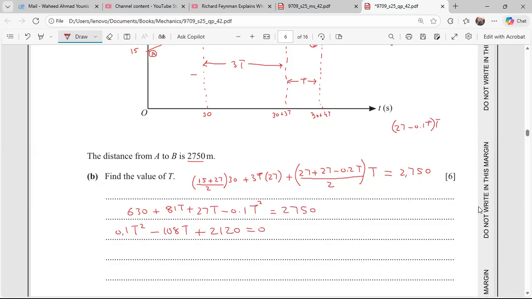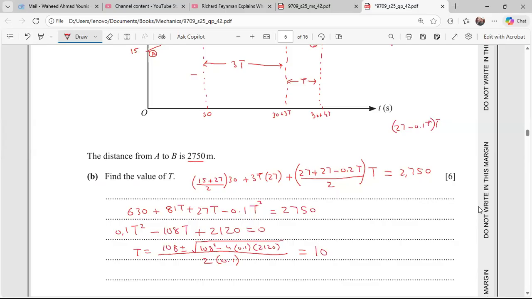Okay, so from here, t equals minus b plus minus under the root b squared minus 4ac, where c is 2120, all under the root and divided by 2 times 0.1. When I calculate this number, it gives me two answers.